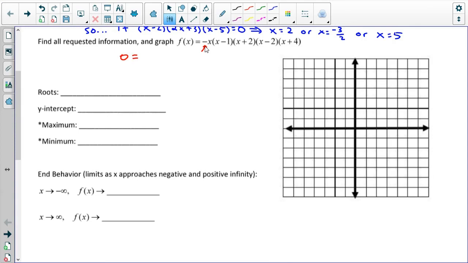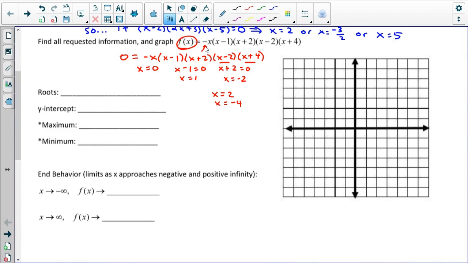But if I take a look at 0 equals negative x times x minus 1 times x plus 2 times x minus 2 times x plus 4, what that means is that either x has to equal 0, x minus 1 has to equal 0, which means x equals 1, x plus 2 has to equal 0, which means x equals negative 2, or likewise, x minus 2 or x plus 4 equaling 0 means x equals 2 or x equals negative 4. Any one of these things must be true in order for this function f of x to equal 0.